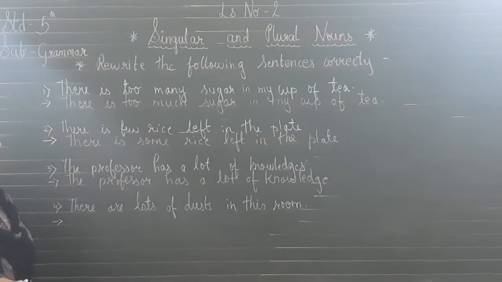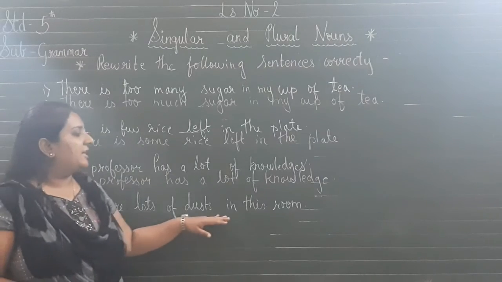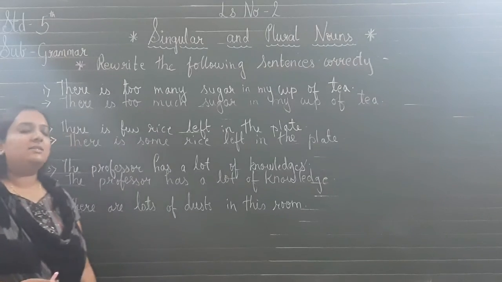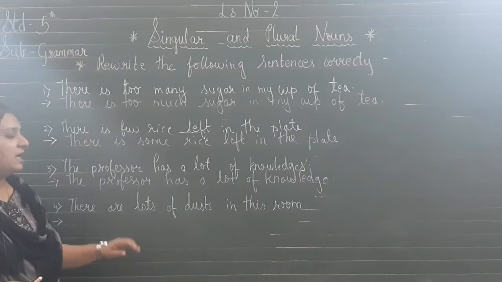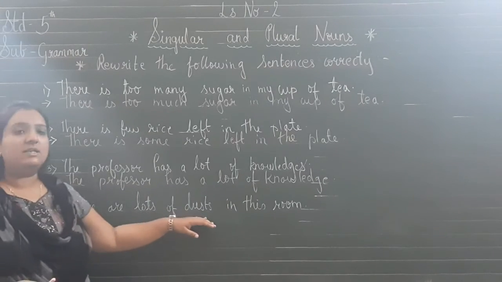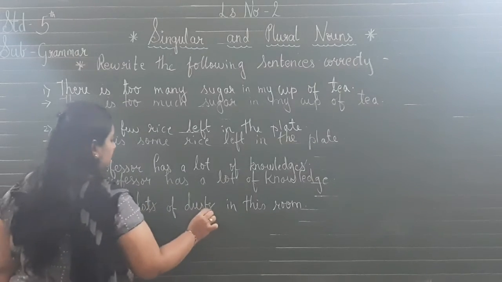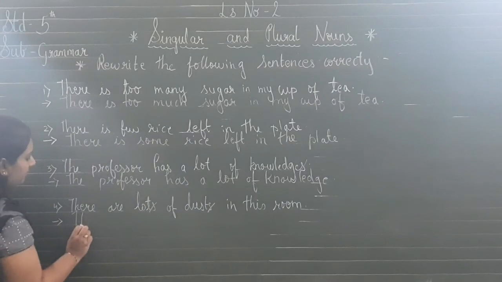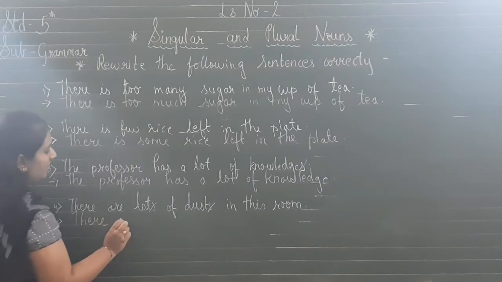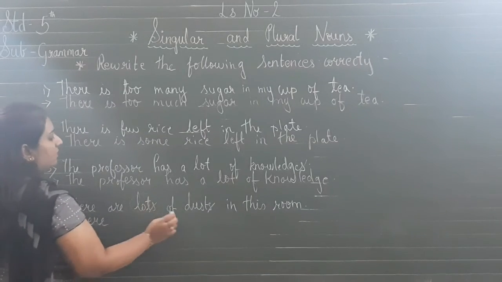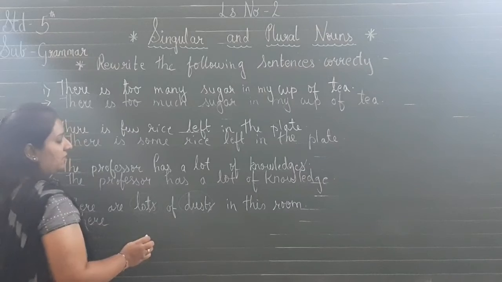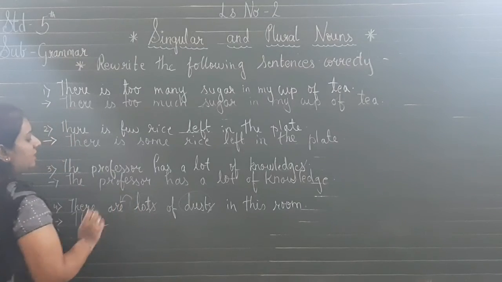Look at the last one. There are lots of dust in this room. Again this sentence is about singular and plural nouns. Here I can see lots and dust both in plural. So what will we do? We will cut S and S. Now here if we make these words singular, there will be grammatical changes.